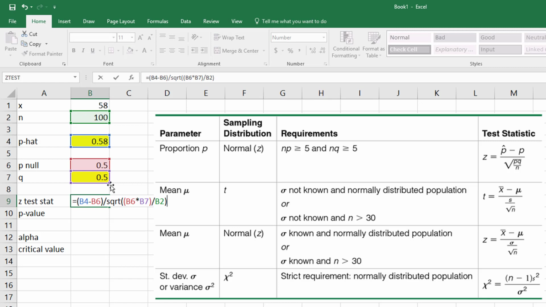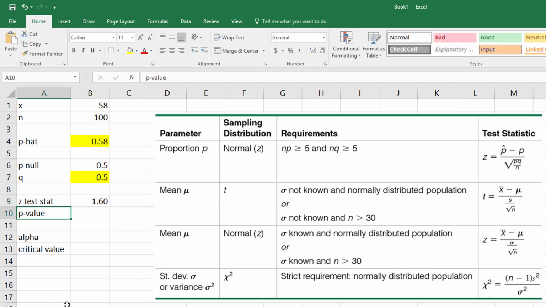If you're not putting parentheses, this might be why you're getting the wrong answers, and this is how you'd put it in a calculator as well. You have to force it to do the numerator first and then do everything in the square root and then divide. I hit enter and you can see that's exactly what I got from slide 18 if you look at the slides. All right, this one said to use a 0.05 alpha.